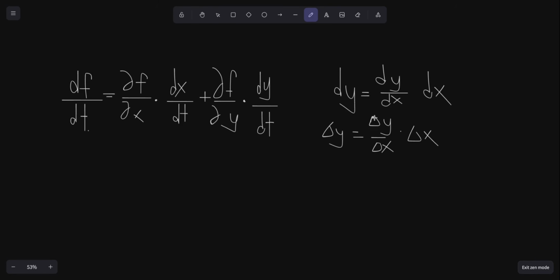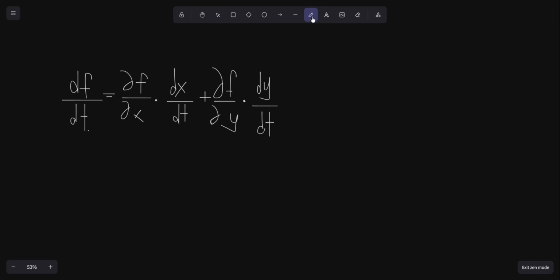This is perfectly valid because the delta x's cancel out, so delta y is equal to delta y. And then as you take a limit as delta x approaches 0, you get this differential up here. It's basically saying that if I take a tiny change in the x direction and I multiply it by the slope, dy dx, I get my tiny change in the y direction. That's how that works.